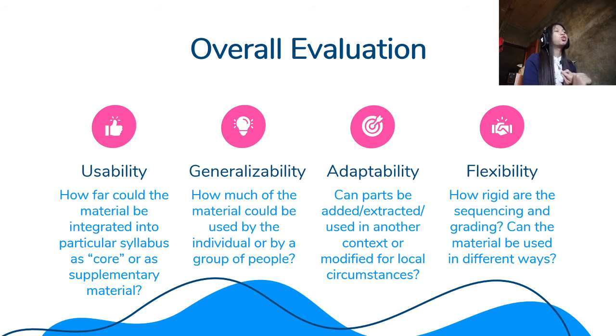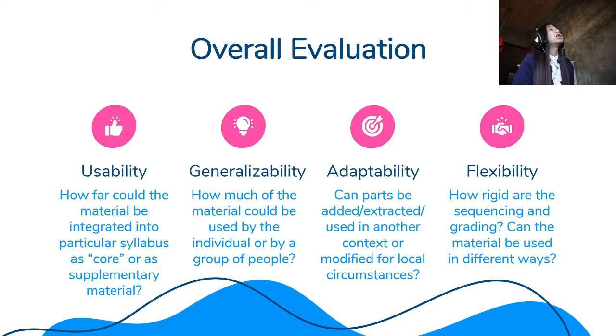Next indicator for overall evaluation is generalizability. So it should answer this question: how much of the material could be used by the individual or by a group of people? Will the material be used fully, completely, partly? So that's under generalizability.